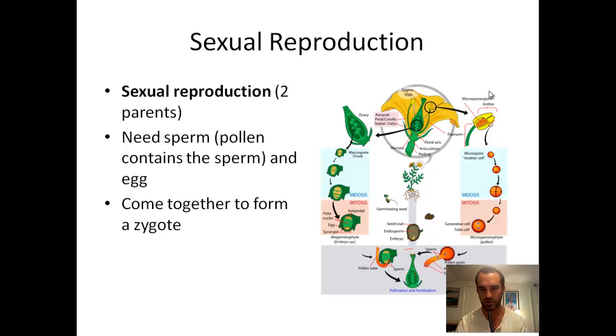The picture here on the right is similar to the one two slides back, where you've got the reproductive cells of a flowering plant, and how the pollen and the egg come together, form a seed, and then how that seed is going to germinate and start a new plant.